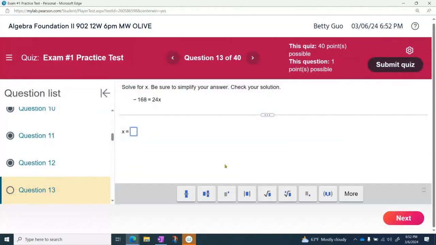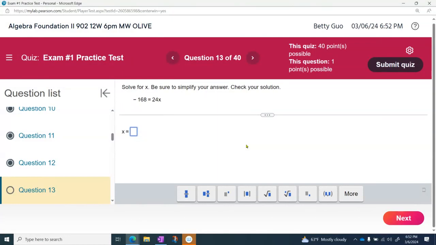Okay, you do this one, please. Solve for x. Check your answer. I have a question.